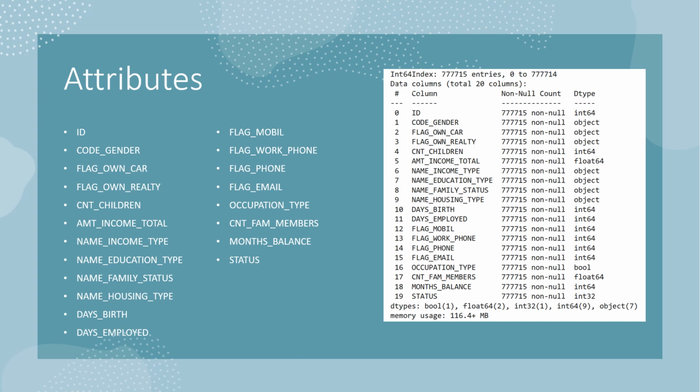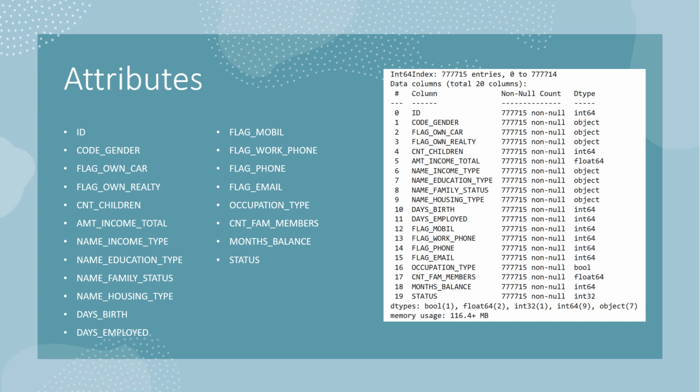Count children is the number of children, and then we have amount income total and income type, of which we have different kinds, whether the income is coming from working, pension, or anything else. Education type is the education level they have, family status is the marital status, whether they are married, single, or divorced, and housing type could be rental or own.